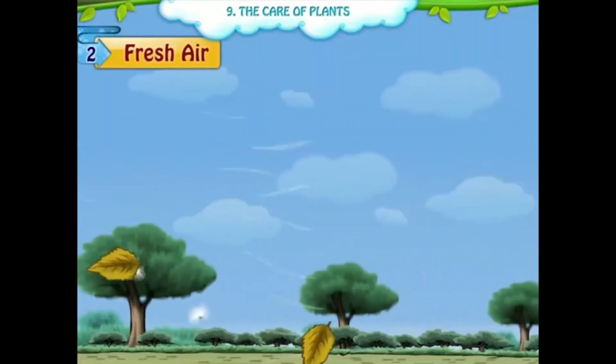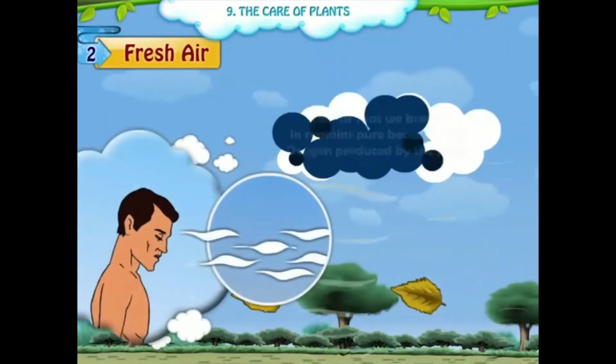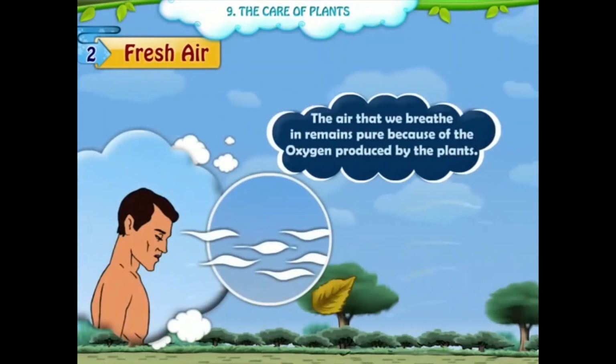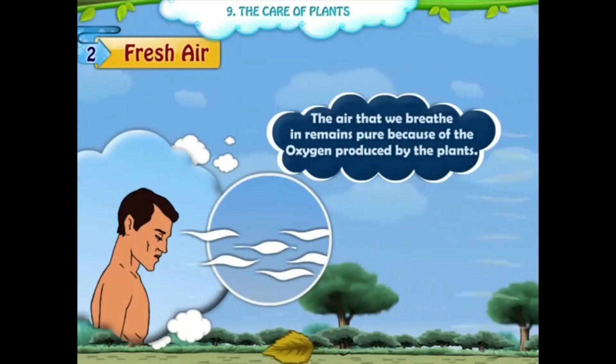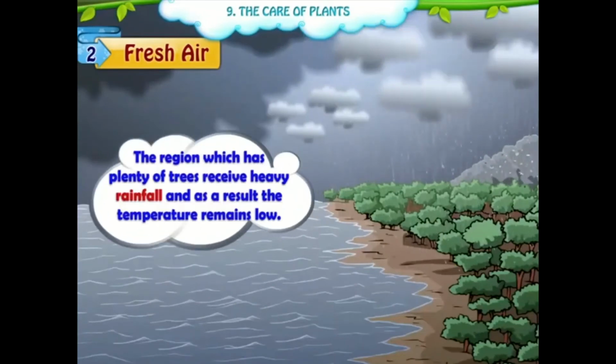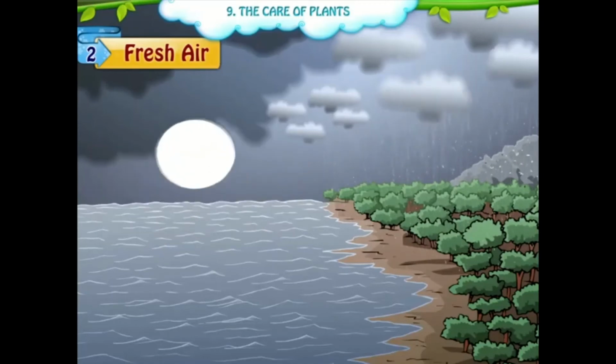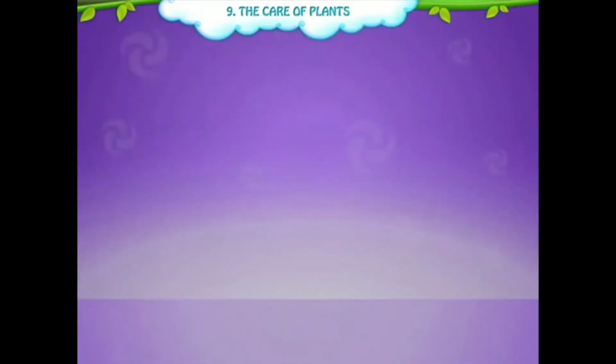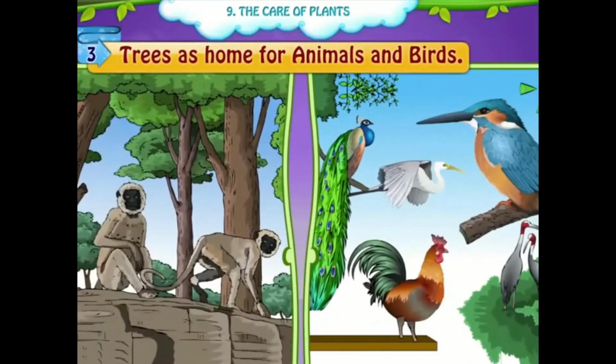2. Fresh air. The air that we breathe in remains pure because of the oxygen produced by the plants. The region which has plenty of trees receives heavy rainfall, and as a result, the temperature remains low. 3.